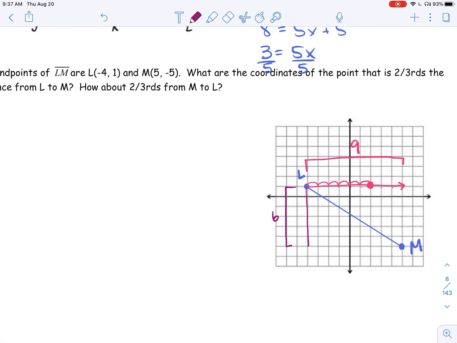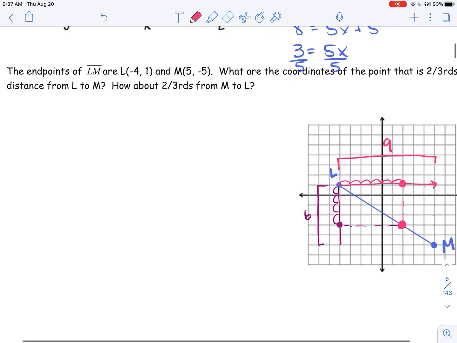So 2/3 is 4. 1, 2, 3, 4. And now we're going to look at where those meet. Here and here. So 2/3 of the way from L to M would be at the point 2, -3.